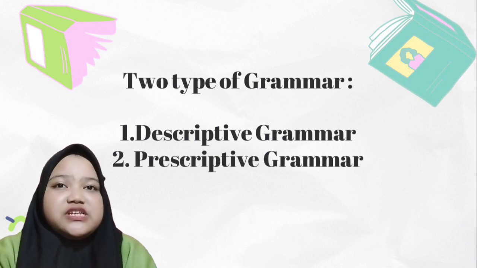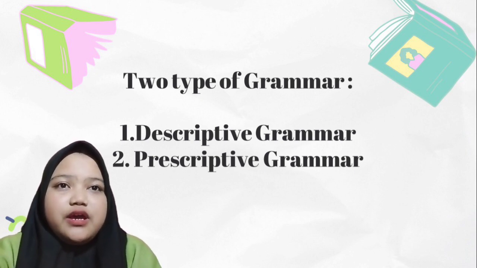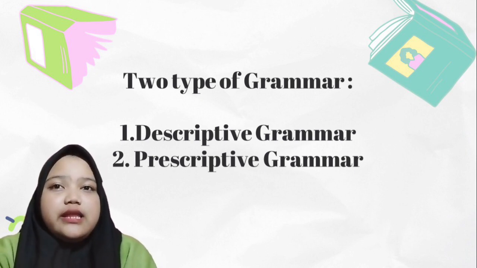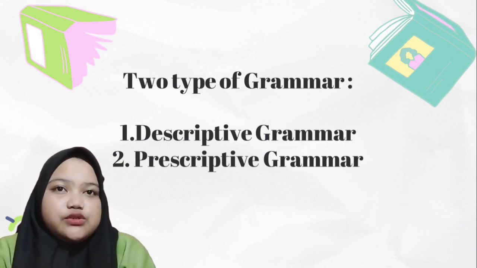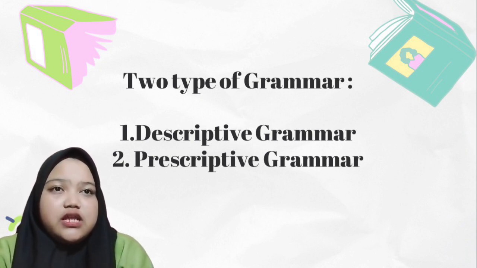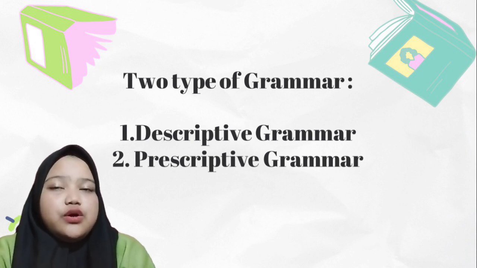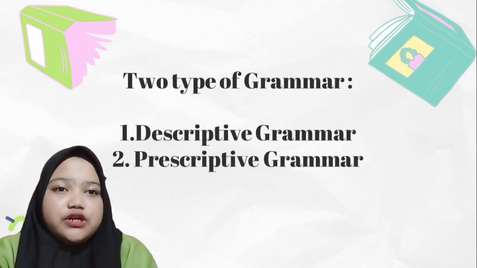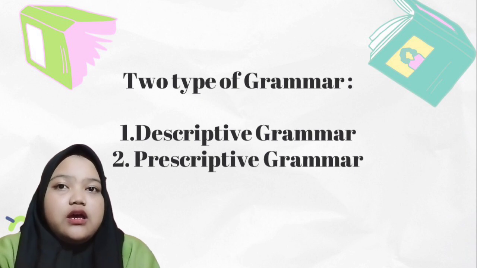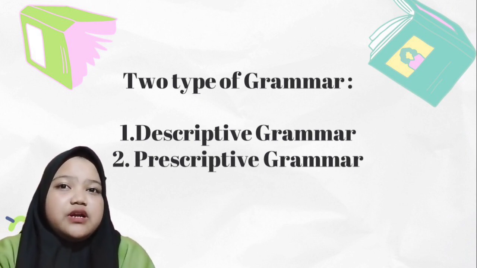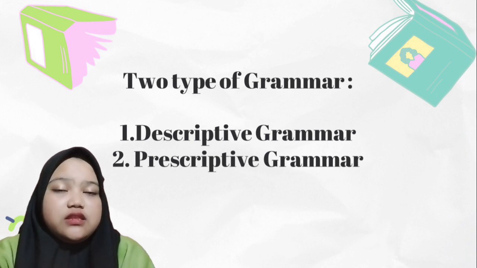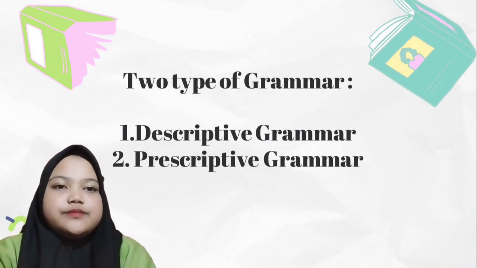People who learn prescriptive grammar cannot speak or write like native speakers because they only use standard grammar books and they do not know how native speakers use the language, and they feel bored of learning grammar rules all the time because prescriptive grammar mostly deals with rules.